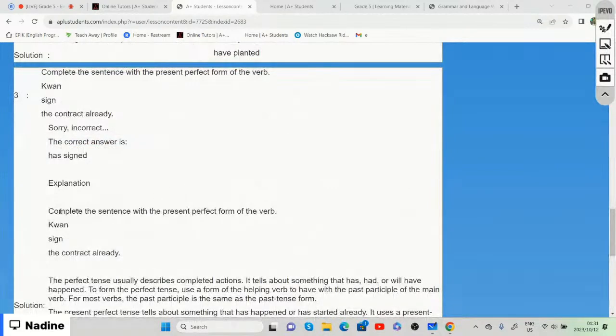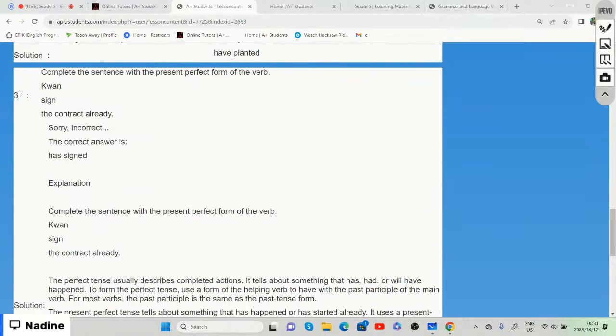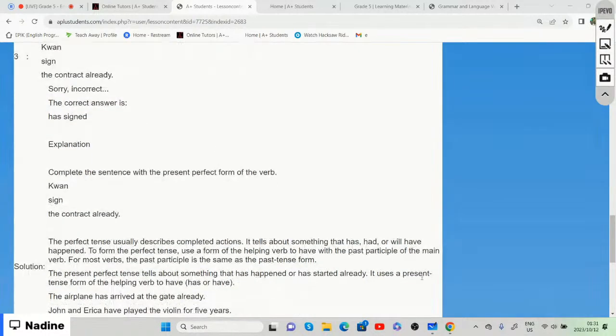All right, so now we need to complete the sentence with the present perfect form of the verb. Kwan, do we say has signed or have signed?